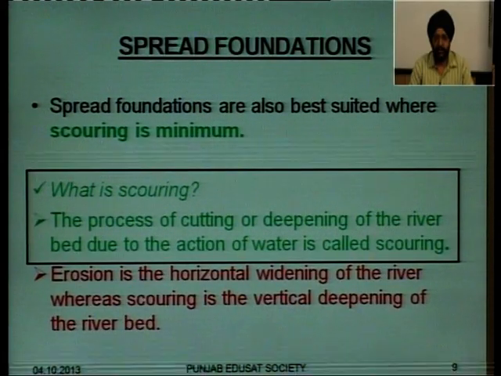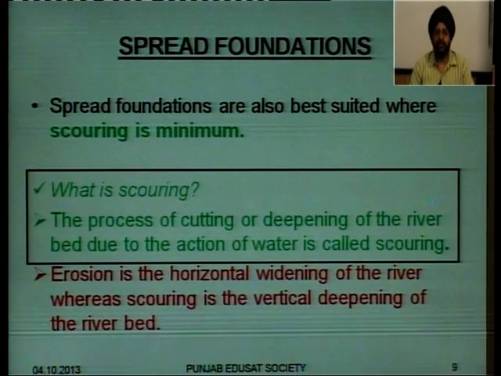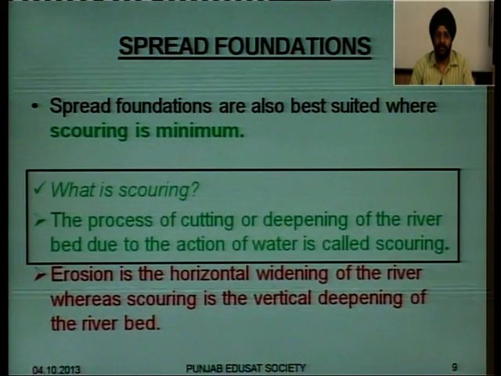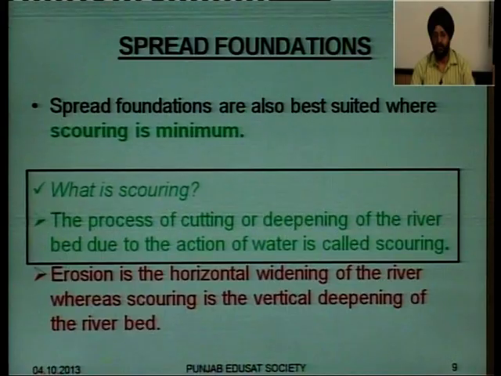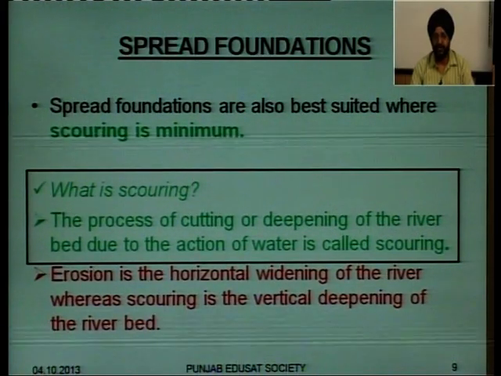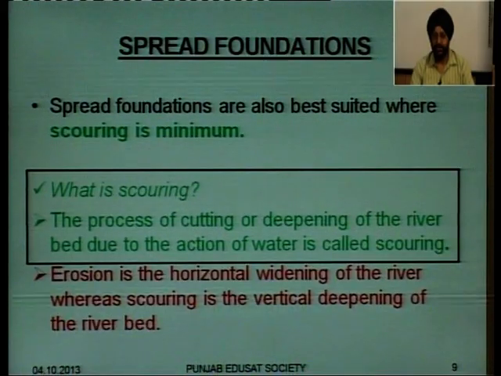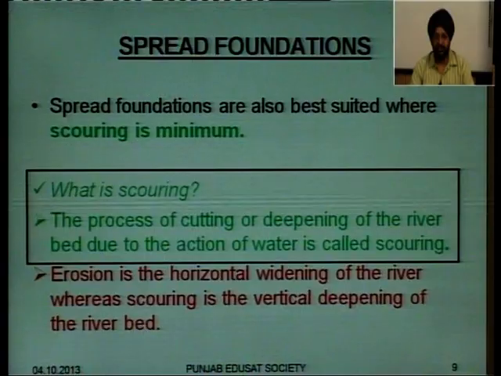Something more regarding it. Spread foundations are also best suited where scouring is minimum. Now, this is a new term, scouring. I would like to define what exactly scouring is. Actually, scouring is the process of cutting or deepening of the river bed.